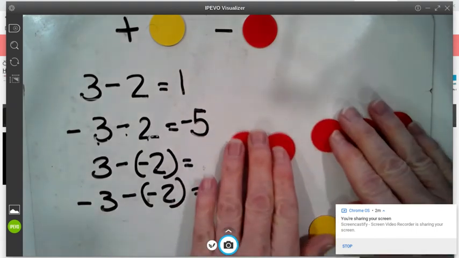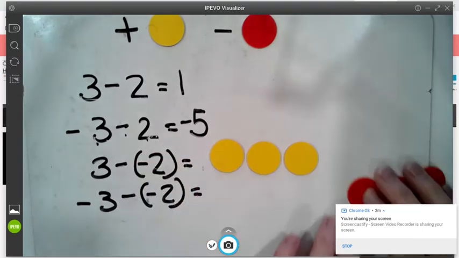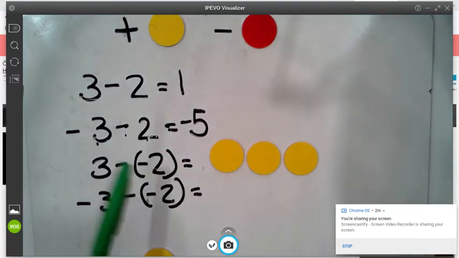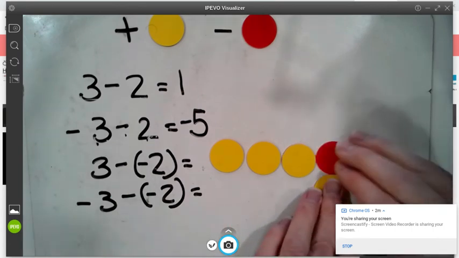The next one, I'm going to take 3 positives, and I want to take away 2 negatives. I have no negatives to take away. I have none. So I'm going to add those as neutrals.